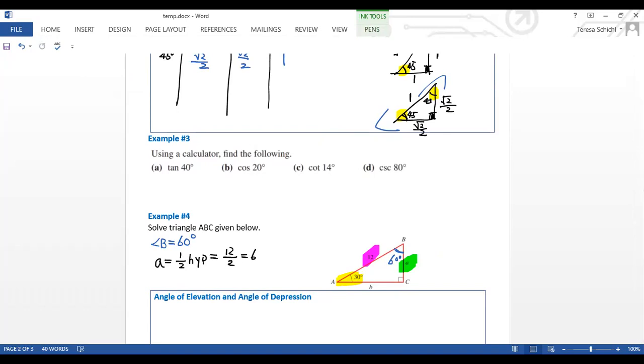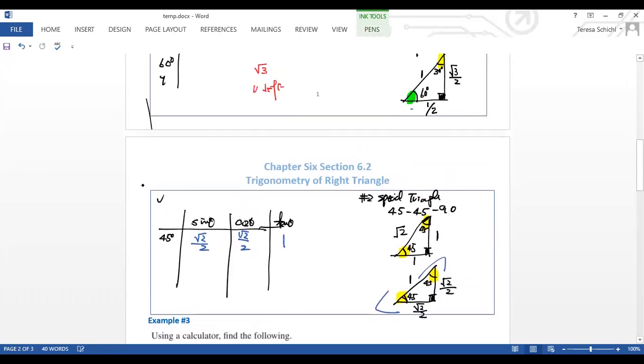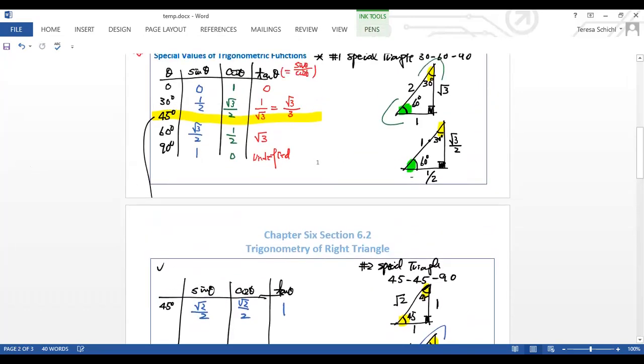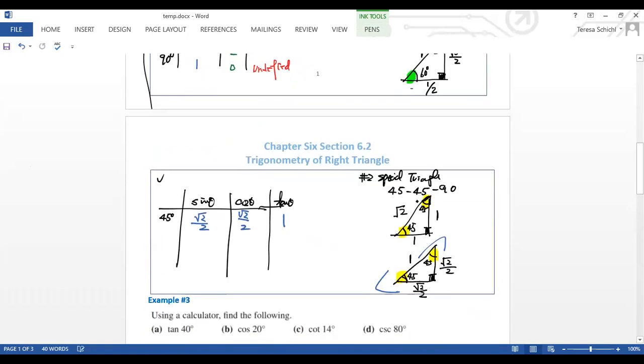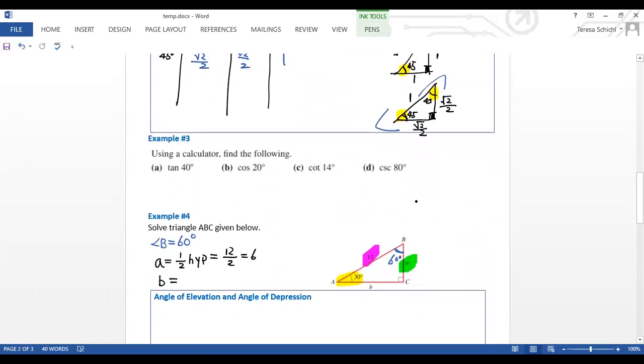All right, now the B here, like we did with the graphs. If you treat the hypotenuse as 1, B is the one facing the larger angle, the 60-degree angle, so it's the square root of 3 over 2 times the hypotenuse.